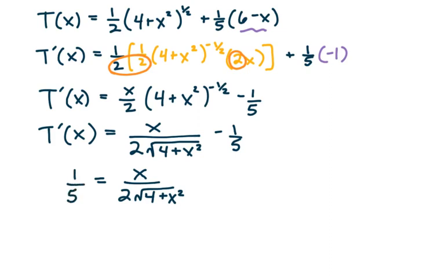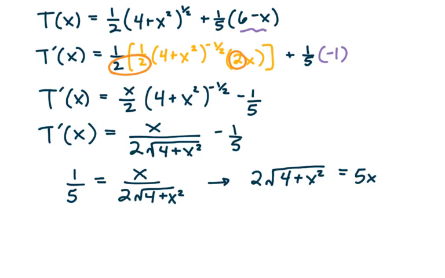I'm going to move that 1/5 over here. So I've set it equal to 0, and now I've started solving. And once I move that 1/5 over, I can see that this is a proportion. And with a proportion, we can cross multiply. So I have 2 square root of 4 plus x squared is equal to 5x.